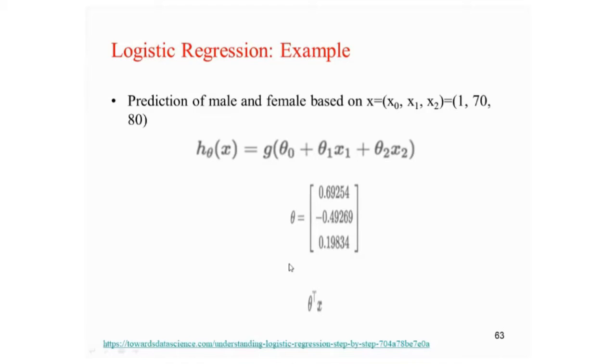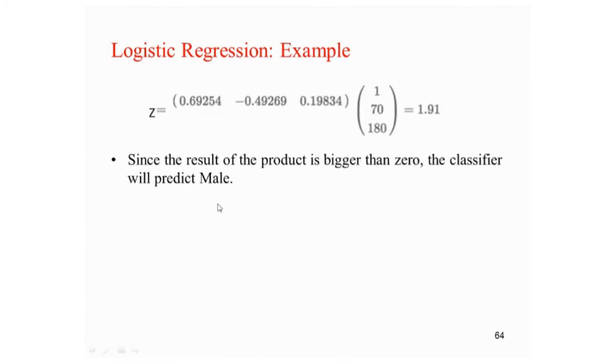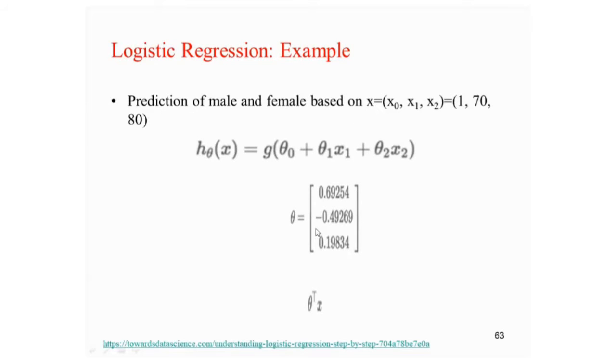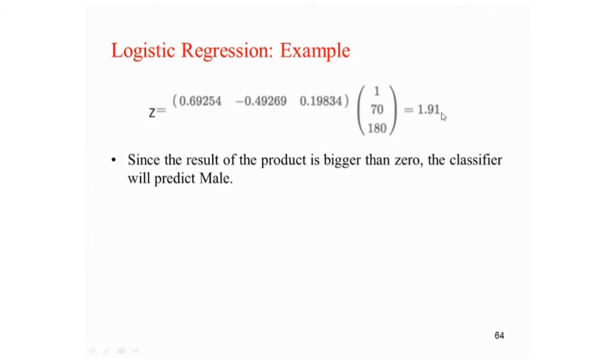Then you have to find for the new person, x0, x1, and x2, which I have taken, because x0 is 1, because we have only two features. So x1 and x2 are 17 and 80. Whenever you calculate theta transpose x, you will get this value 1.91.